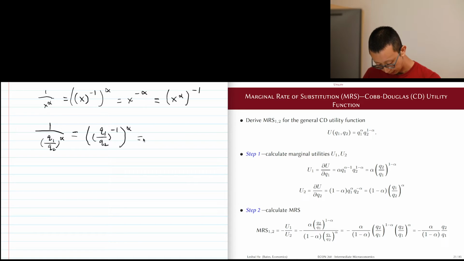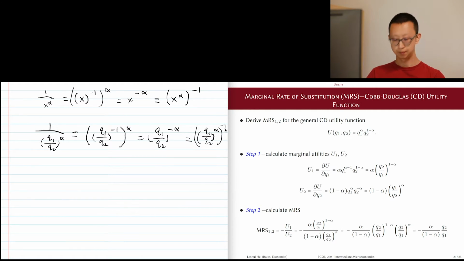Or we can rewrite this as q1 over q2 raised to the power of minus alpha. Or we can write this as q1 over q2 raised to the power of alpha and then raised to the power of minus 1. It doesn't really matter which way you prefer.